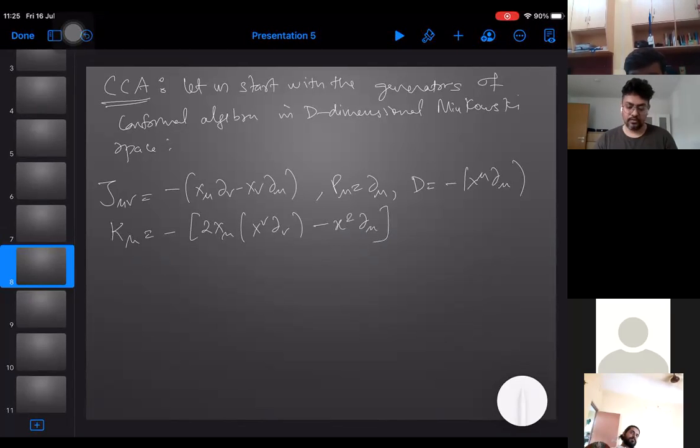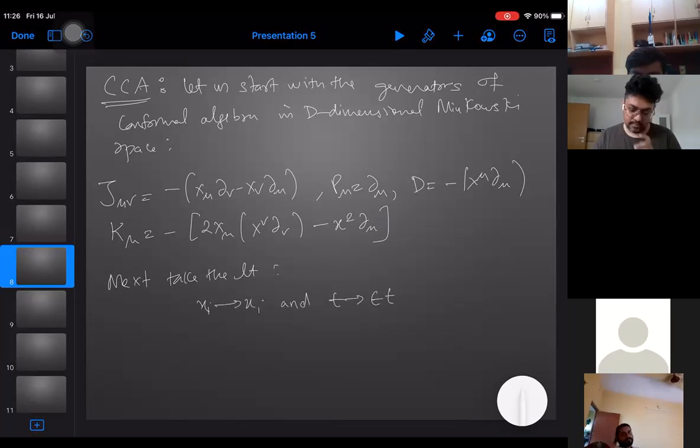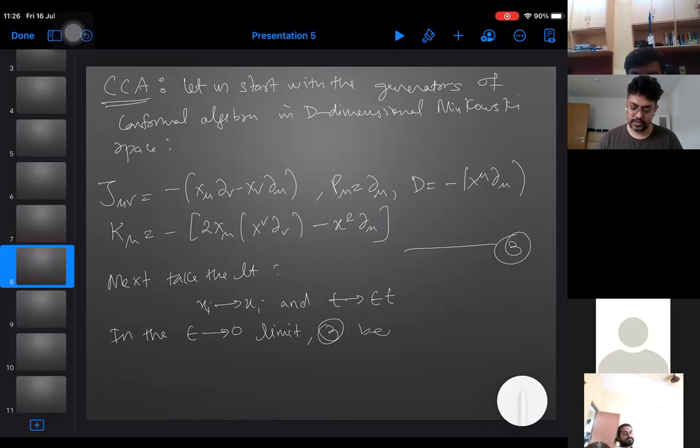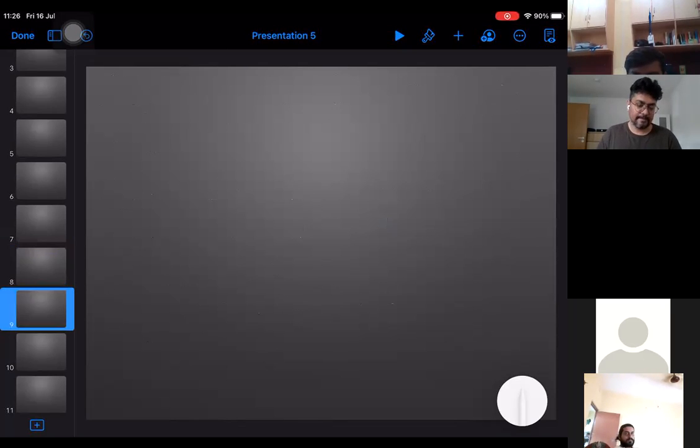Now, what we want to do next is take the limit x goes to xi, and t goes to epsilon t. So in the epsilon tends to 0 limit, this becomes the following. The rotation part is the same, it doesn't change.